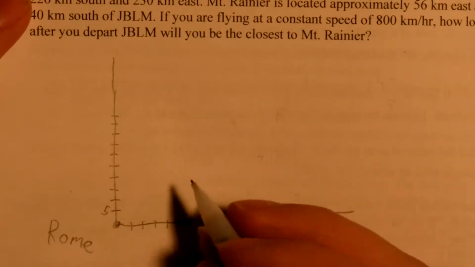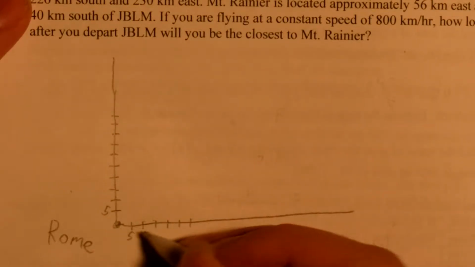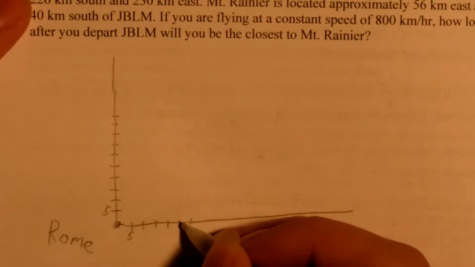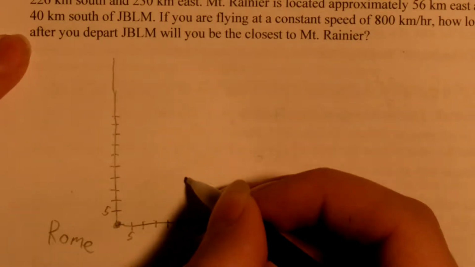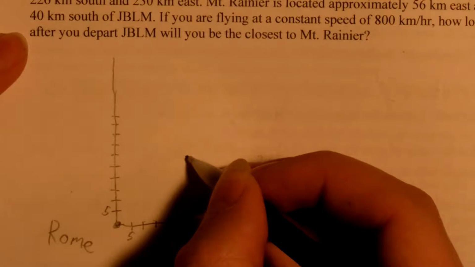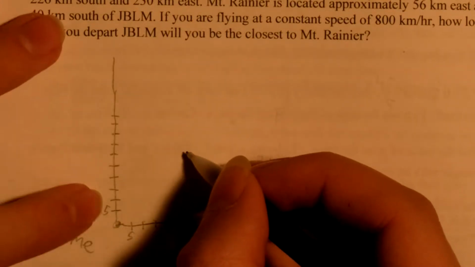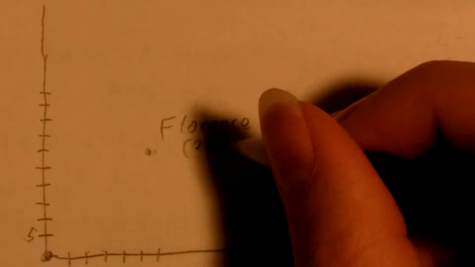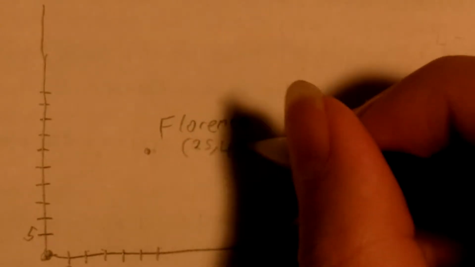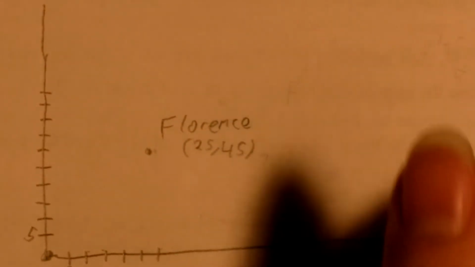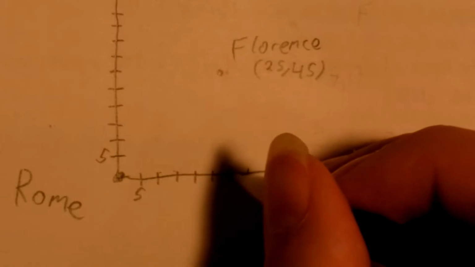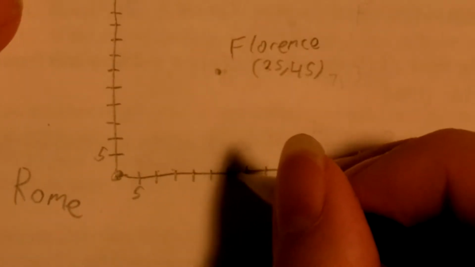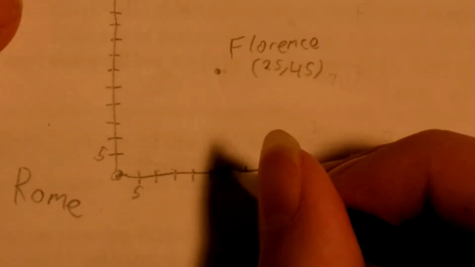Florence is 25 miles east of Rome and 45 miles north. Paris is 30 miles to the east of Rome.